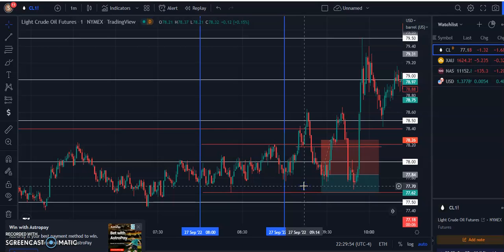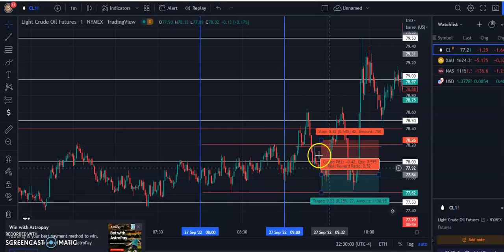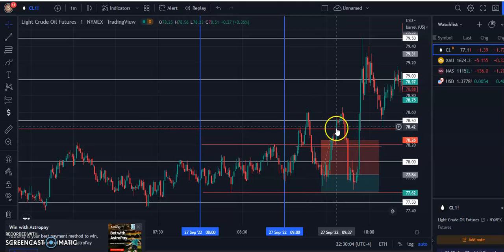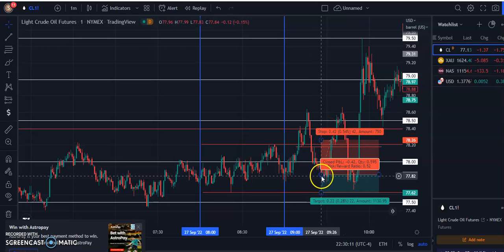If you look at this setup, does it really make sense? We want to enter above here. This is where the setup is supposed to form. That is where high probability setups form. But if you are selling at the low of the session, what do you expect?